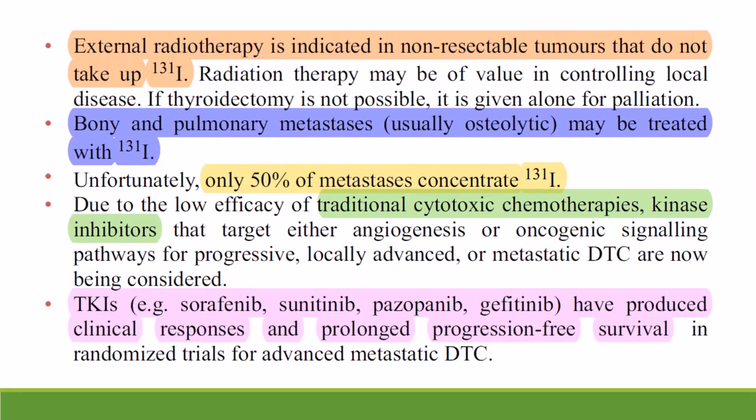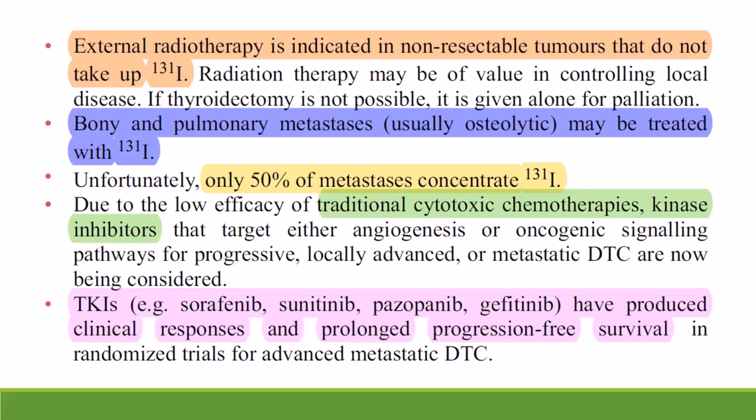External radiotherapy is indicated in non-resectable tumor that does not take radioactive iodine. So external radiotherapy may be used for treatment of metastasis if it doesn't take radioactive iodine. Bone and pulmonary metastasis, usually osteolytic, may be treated with radioactive iodine, but at a very high dosage.